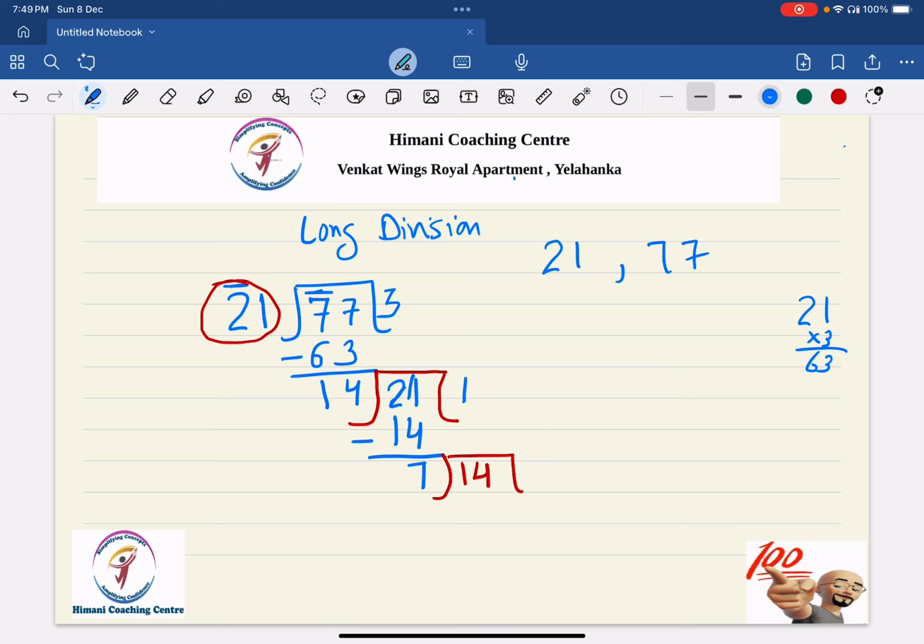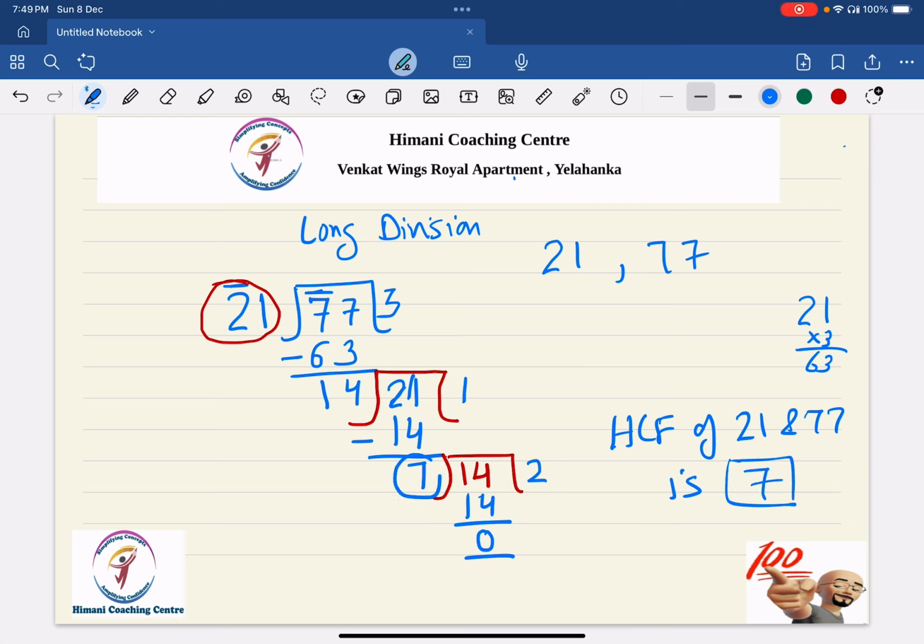Now 7 times 2 is 14 and the remainder is 0. So HCF of 21 and 77 is 7. Why 7? Because when we did the division by 7, the remainder is 0.